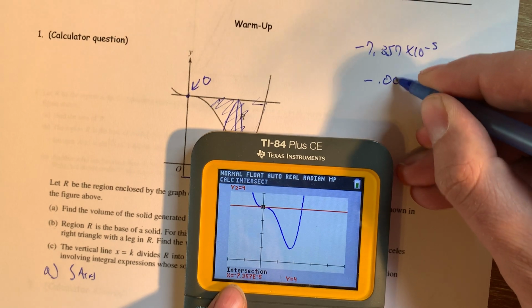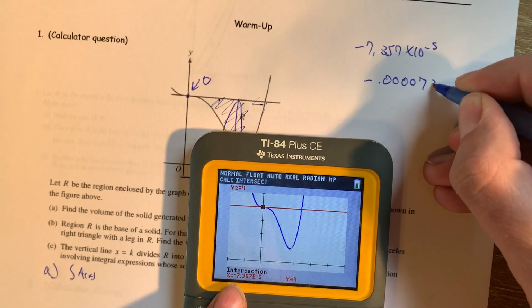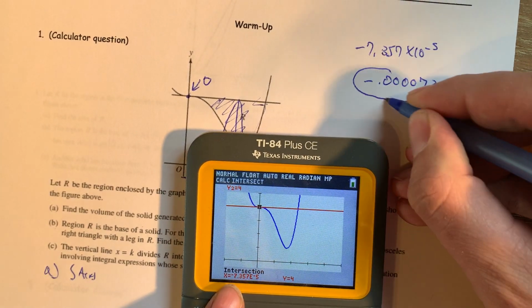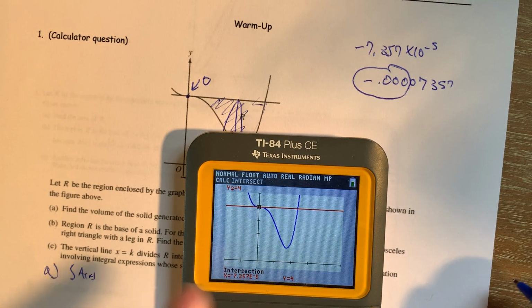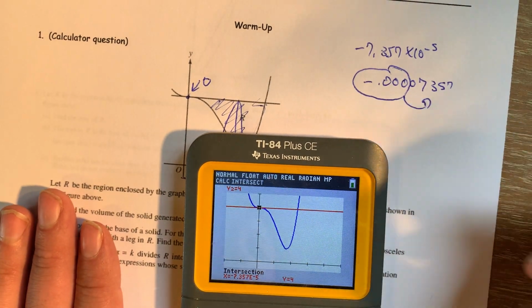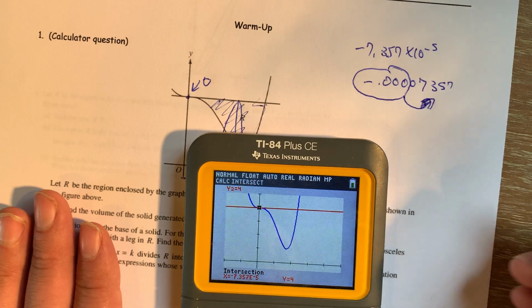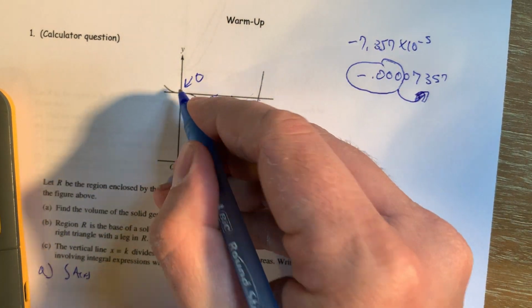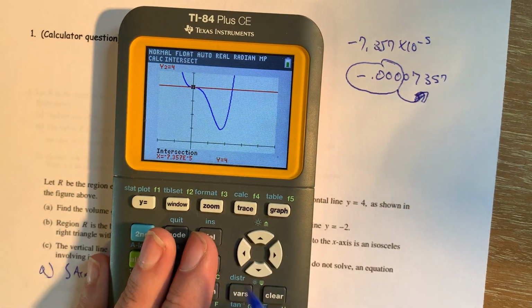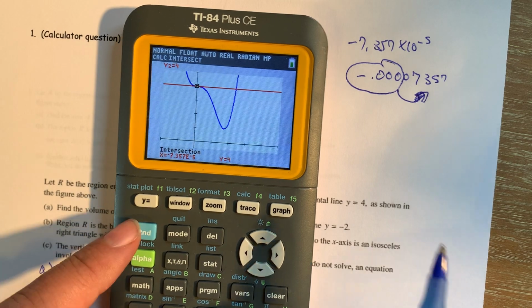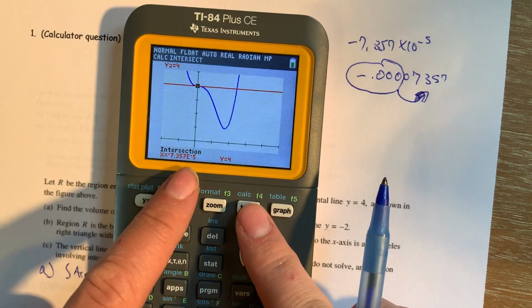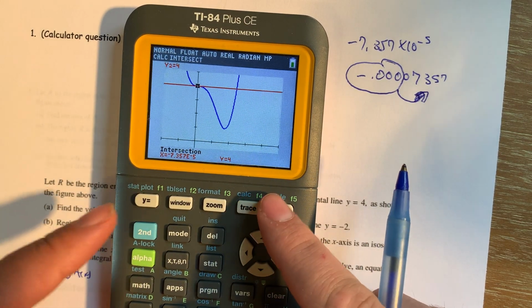It's 0.000737, and rounded to 3 decimal places, it is 0. The calculator struggles after 3 decimal places sometimes, and that's why we round to 3 decimal places. So this is 0. Don't be fooled by this weird form of writing 0. That's sometimes how the calculator tells you it's 0.